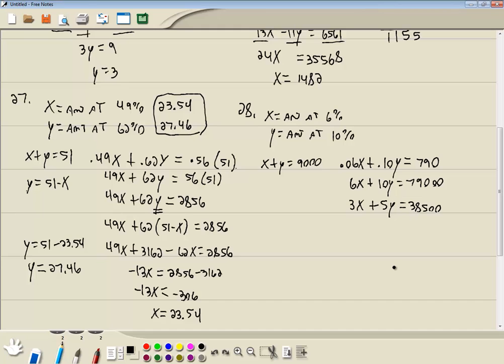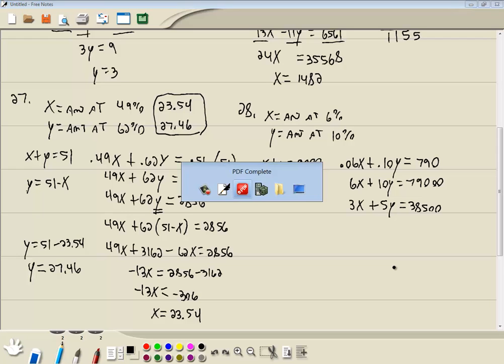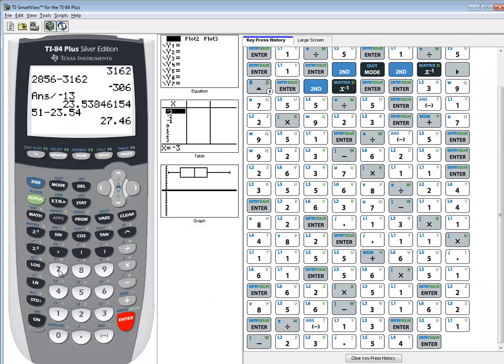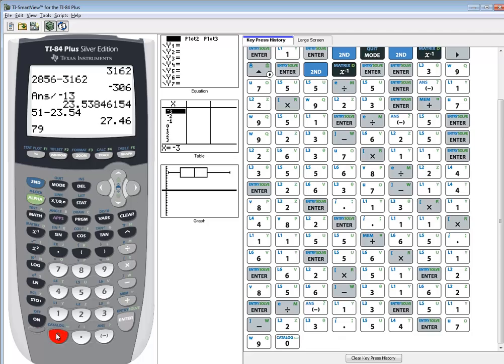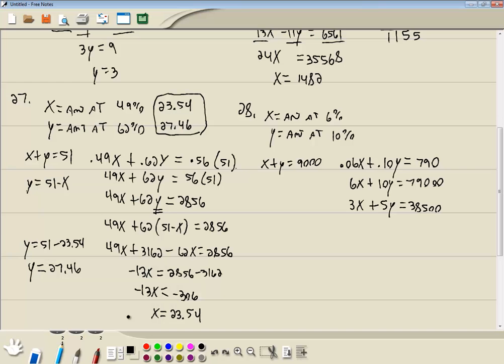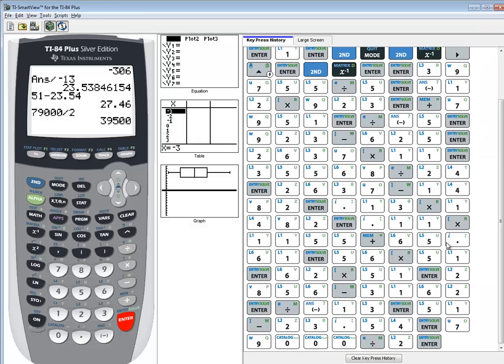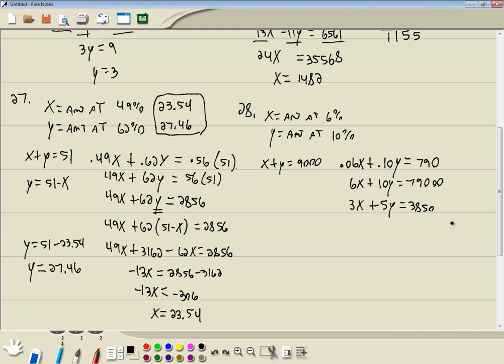Let me check it. 79,000 divided by 2. Yeah, 39,500. Good thing I checked it. Okay, so we have this equation and this equation. So I got 3x plus 5y is equal to 39,500.